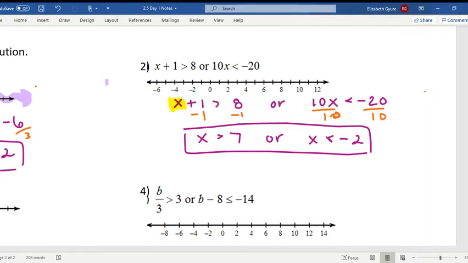All right, so now it's 7. Now it's 7, open or closed circle? Open. What about at negative 2? Jake Sanders, open or closed circle at negative 2?